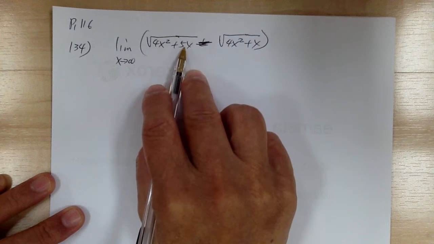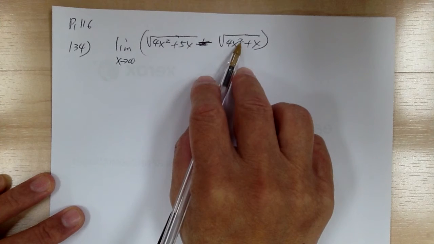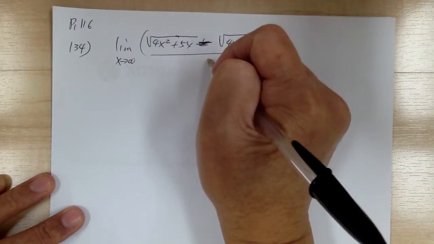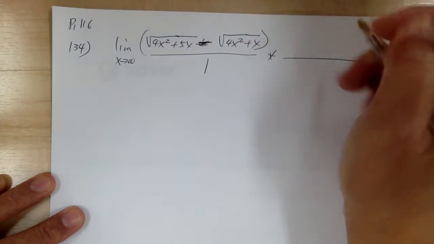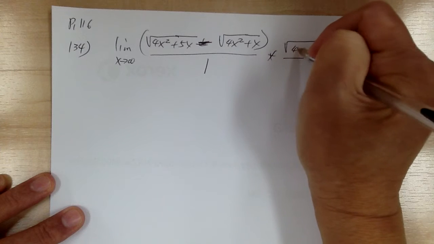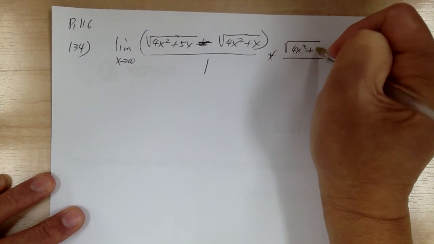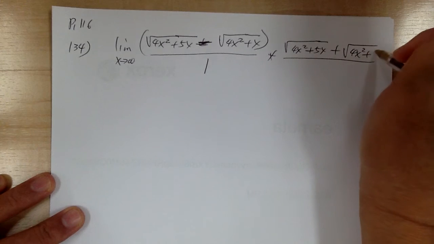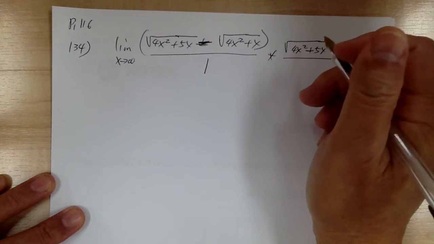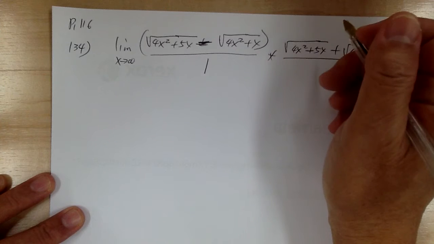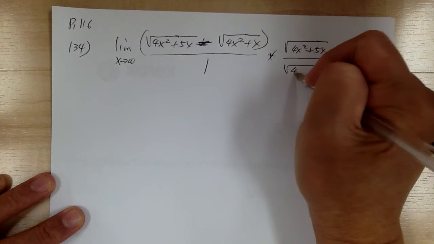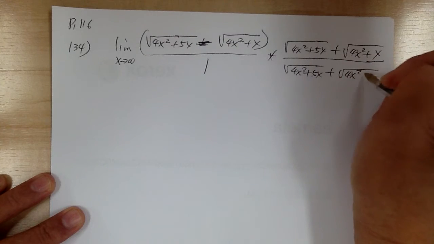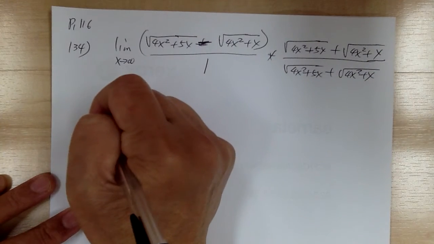So what you want to do is, again, when you have a square root, let's multiply by the conjugate. So put this over 1, and you multiply by the conjugate. So it would be the square root of 4x squared plus 5x plus the square root of 4x squared plus x. So multiply by the conjugate.